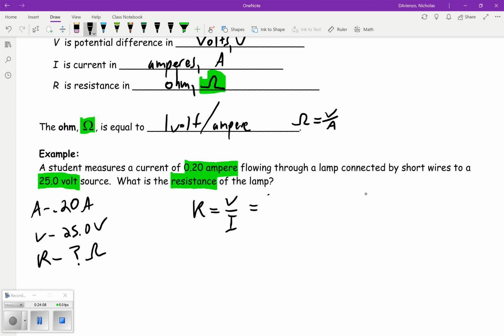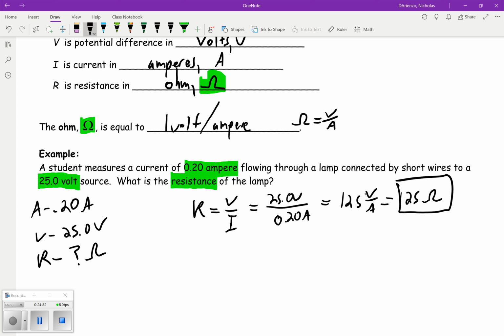Our potential difference of 25 volts against our current of 0.20 amps gives us a resistance of 125 volts per amp, or 125 ohms. Make sure we keep that in there.